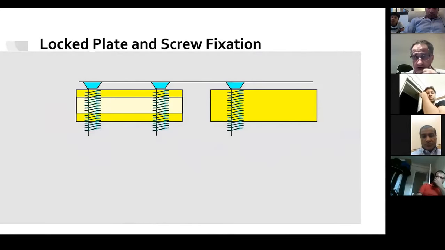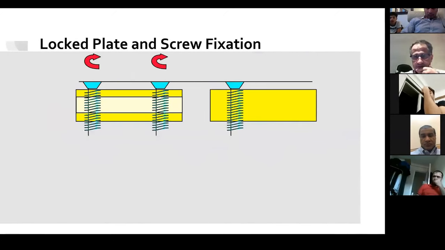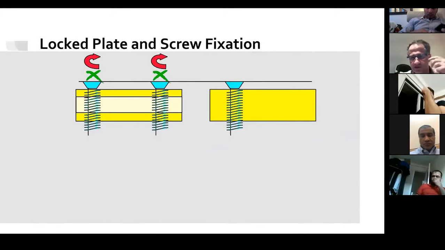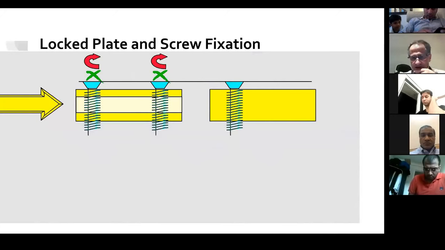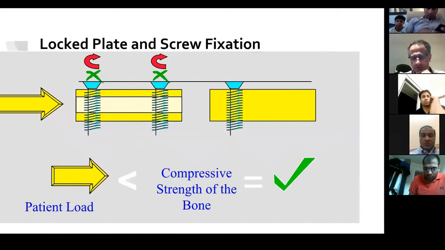In terms of locking plate and screw fixation, you're locking your screw into the plate. That's what those crosses represent. That's the screw locked into the plate, creating a fixed angle device. You're loading your patient's load, and you're overcoming the compressive strength of the bone. Okay, so essentially your locking device is transferring the weight of the bone onto the plate.